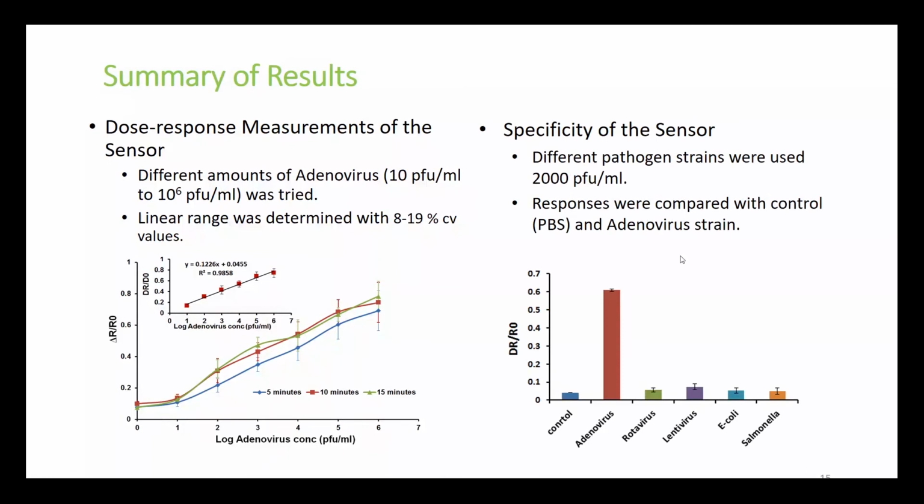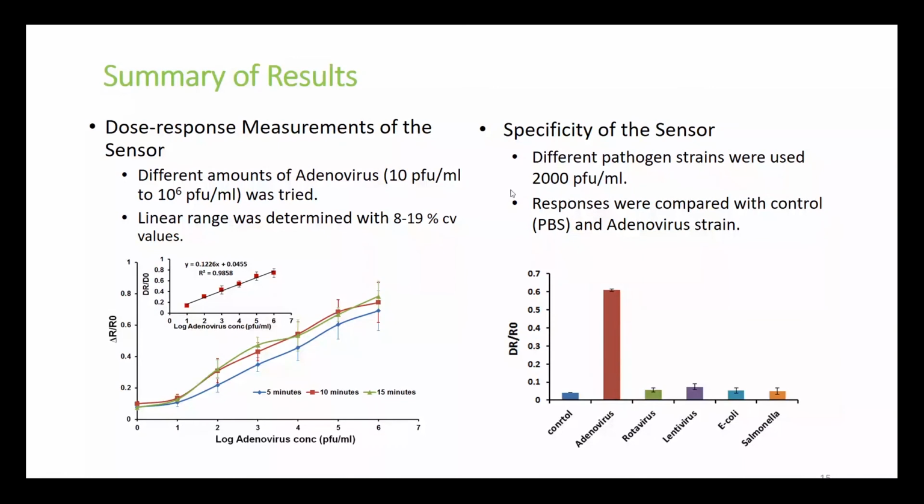This is our specificity and selectivity result. So in our system, we tested other pathogenic bacteria and viruses, and we used a range of 2000 PFU per ml. Actually, I should say that this is too high, 2000 PFU per ml is too high, but we would like to test this high range because the adenovirus amount can be very small in a water sample, but in the sample there must be other kinds of pathogenic or non-pathogenic bacteria and viruses.